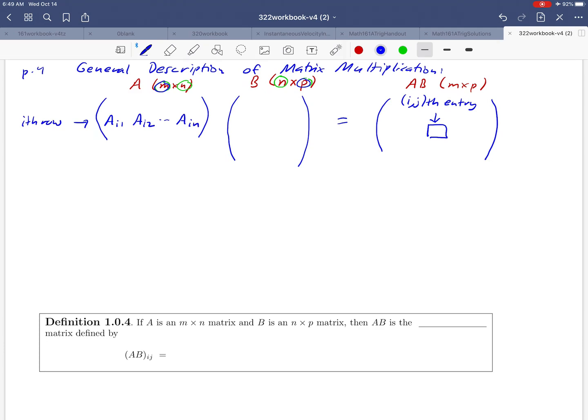And we're going to take the dot product of that row times the jth column of our matrix B. And if we wrote out the entries in that jth column, they'd look like B_1j, B_2j, down to B_nj.